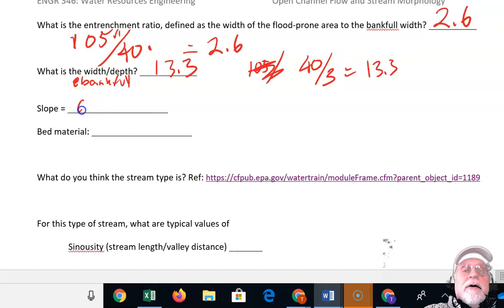Slope was given as 0.0024. The bed material was listed as gravel.